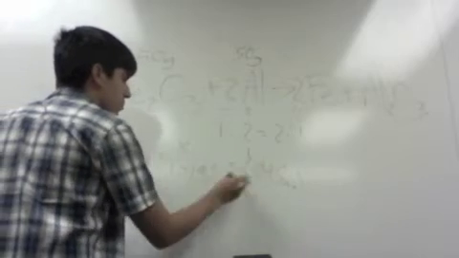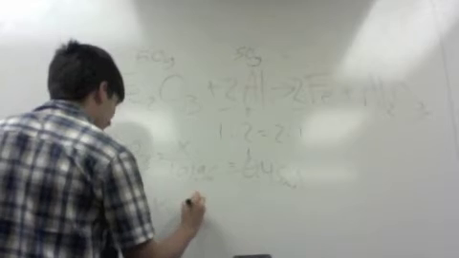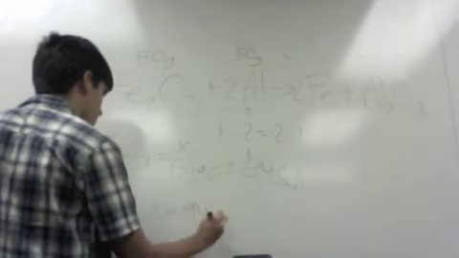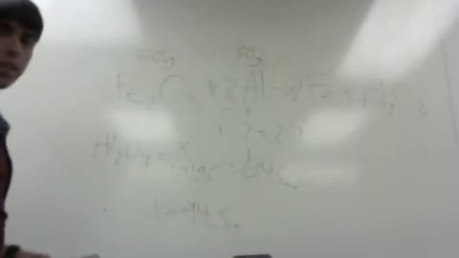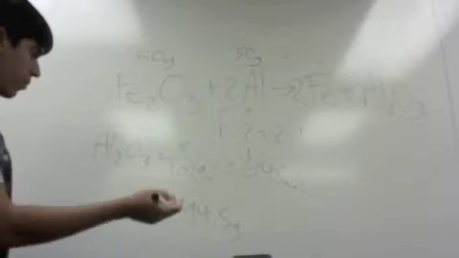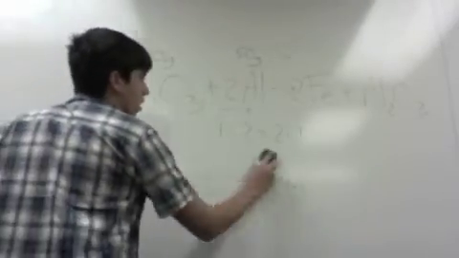Multiply this. X is going to equal roughly about 94.5 grams. Now look at the difference. Before we had, how much was it? 31.9.